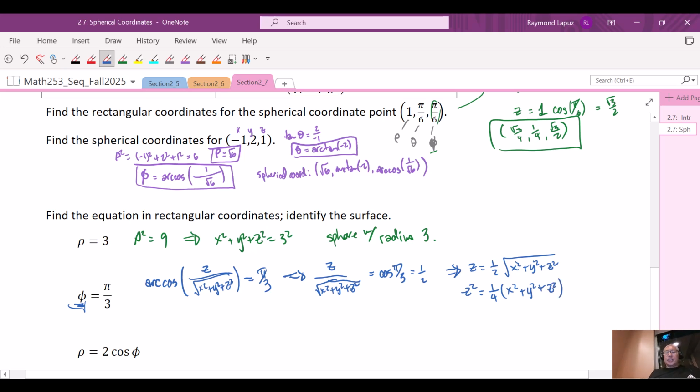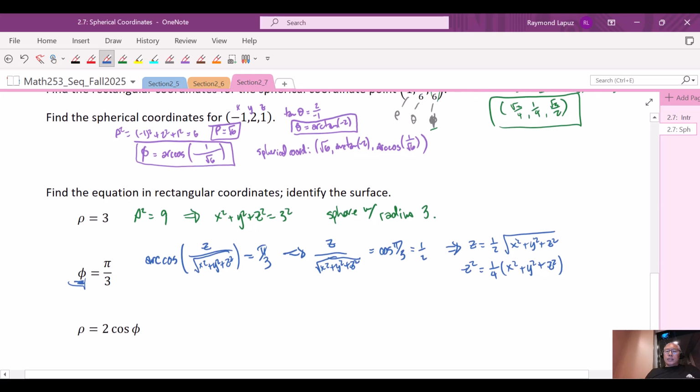I suppose we can continue working on this. What can we do? We can multiply this by 4, or we can just subtract. Let's see. 1/4 x squared plus 1/4 y squared plus 1/4 z squared is equal to z squared. So let's subtract that over.